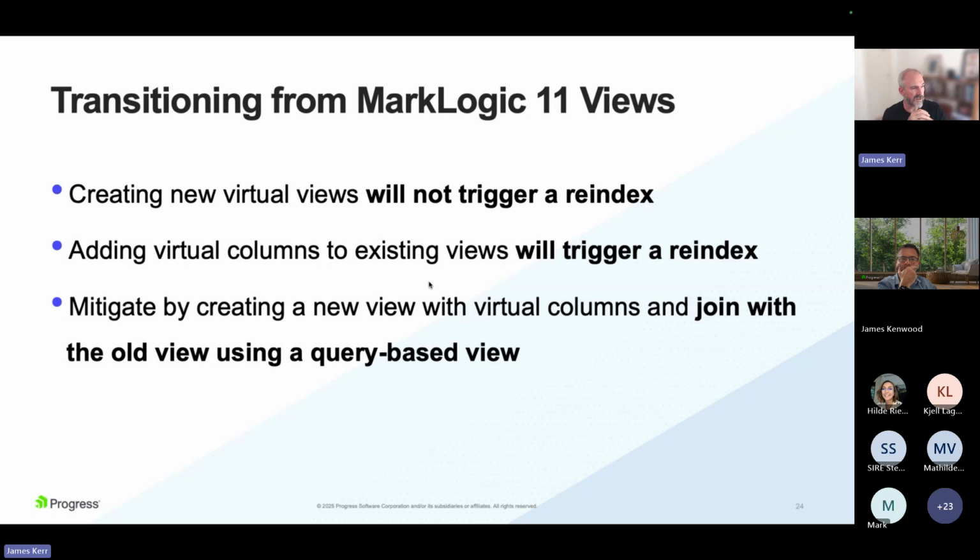It's all the same construct under the covers, but because of the way we define the actual rows in the index in MarkLogic 12, if you add new virtual columns into the existing views, they have to reindex. By creating a new view that is a join of the old views and the new virtual columns, you're able to transition from your existing materialized views and leverage the virtual columns as well.